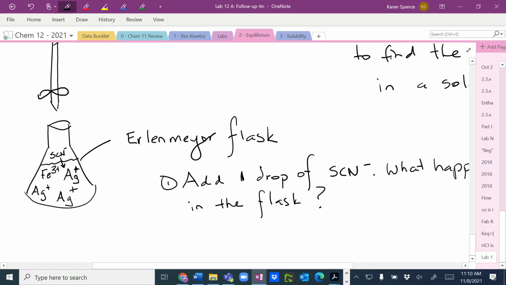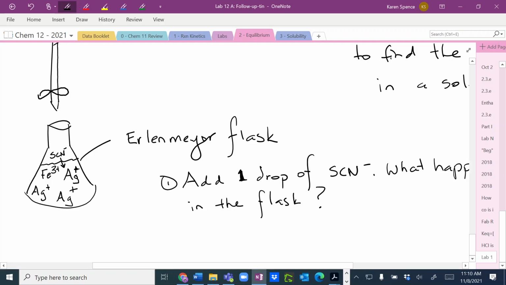What's it going to do? I want to know what it's going to react with. Is it going to react with the Ag or with the iron? The Ag, why? It prefers it over the iron. Remember, because the silver managed to displace the iron?